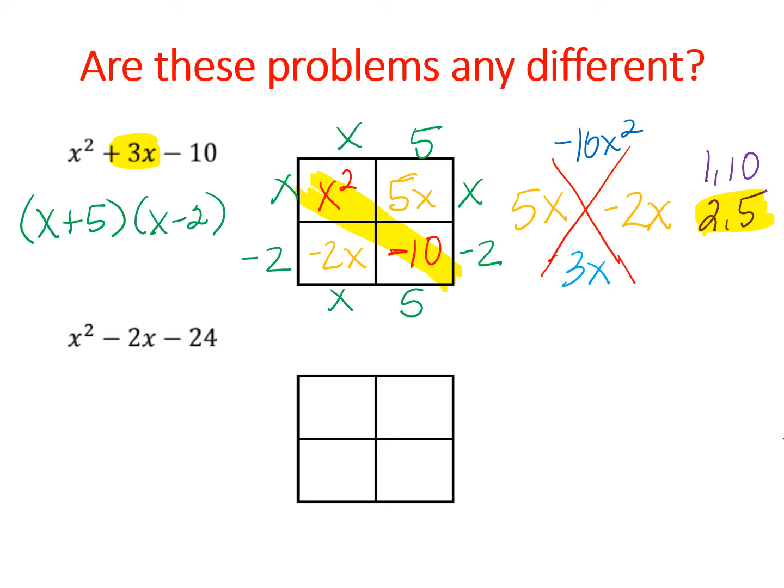All right, let's look at the next one. Fill in your x squared and a negative 24. So we are trying to get a negative 24x squared.